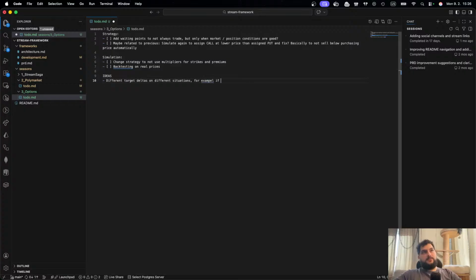For example, if the current price is more than the purchase price, then the calls target delta is very low to increase premium and sell at a higher price than we purchased. Exit early. Don't wait.